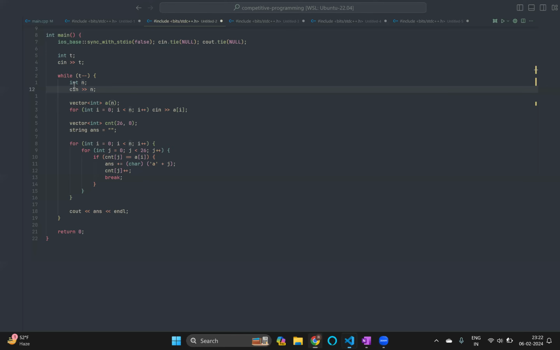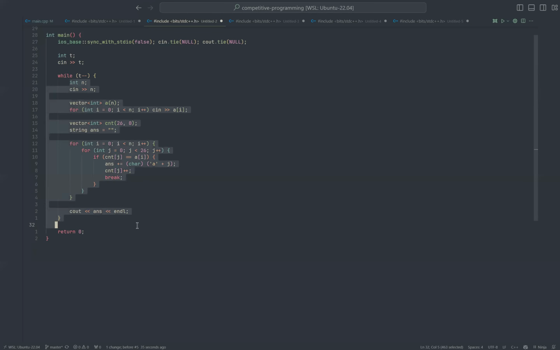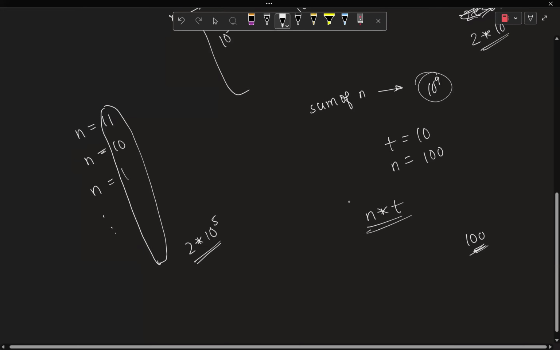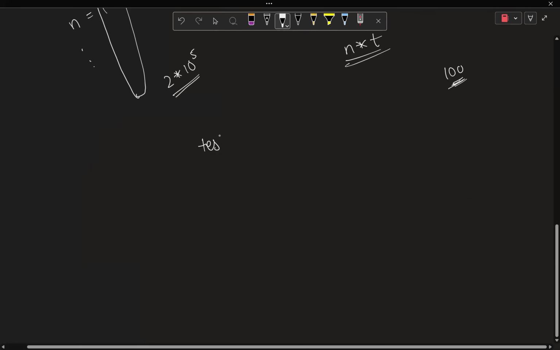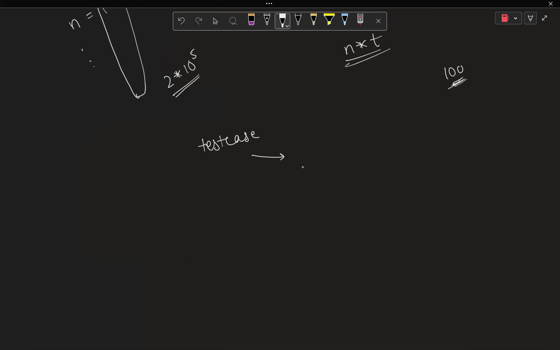For every test case, the time complexity here will be n, since we have a loop of n here. And for every iteration of n, in the worst case, there will be a loop of 26 inside of it. So for every test case, the time complexity is n into 26, right?